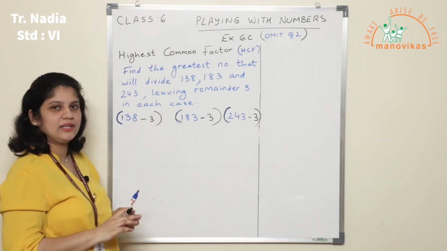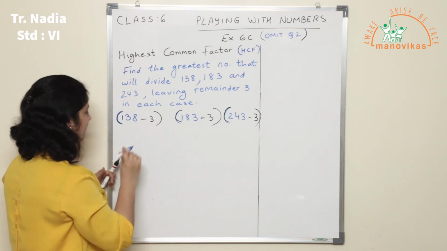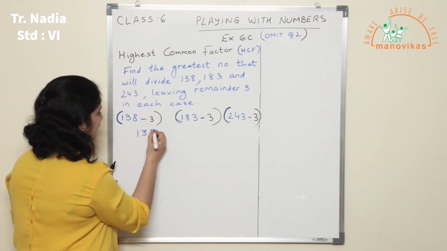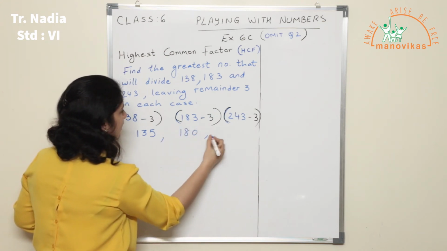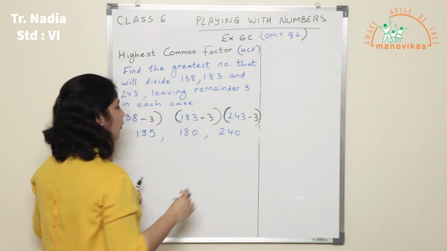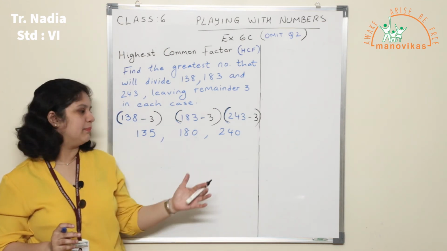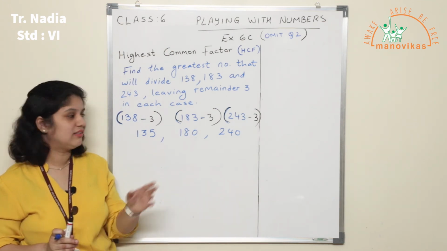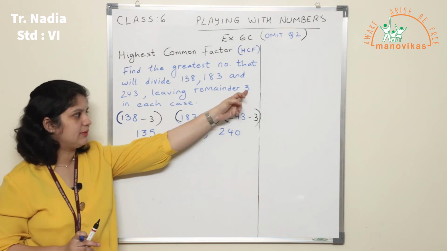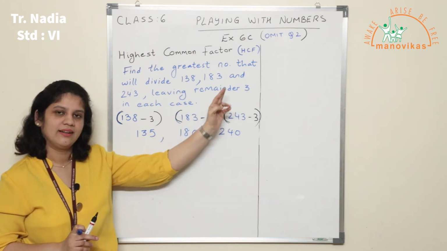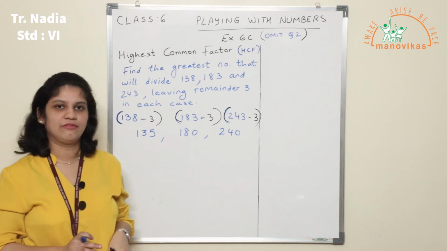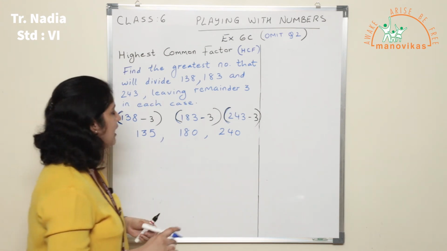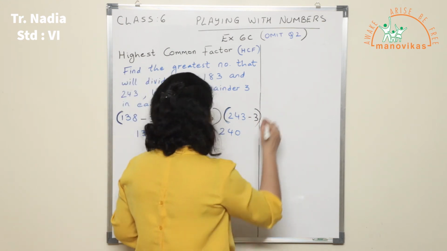So from 138, when I minus 3, what will I get? I will get the number 135. Here I will get 180. And here I will get 240. So from every given number, I subtracted 3. Why 3? Because they are telling me that it should leave a remainder 3 in each case. That is the reason why I subtracted 3. Now these numbers which I have got after subtracting 3, I need to find their HCF.